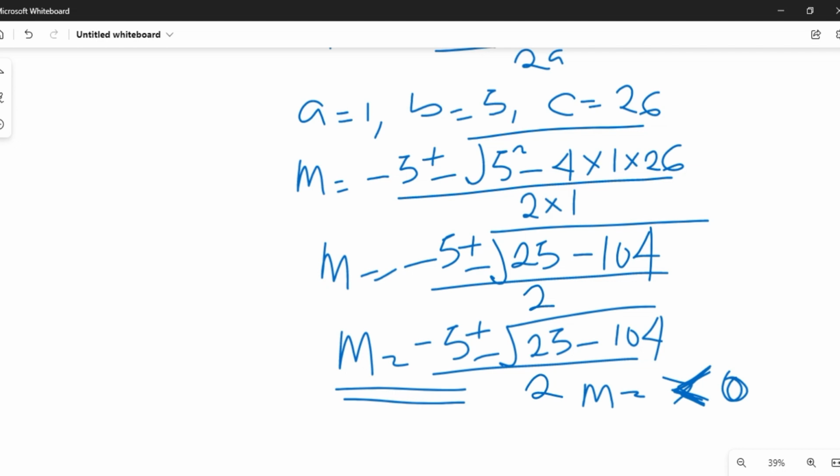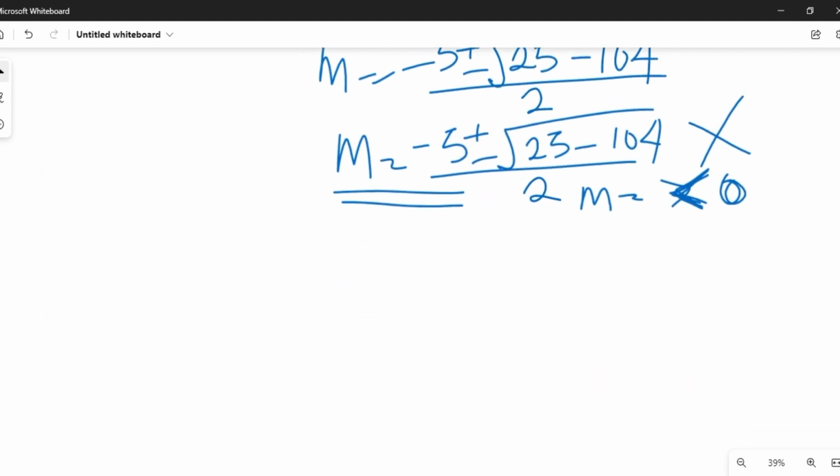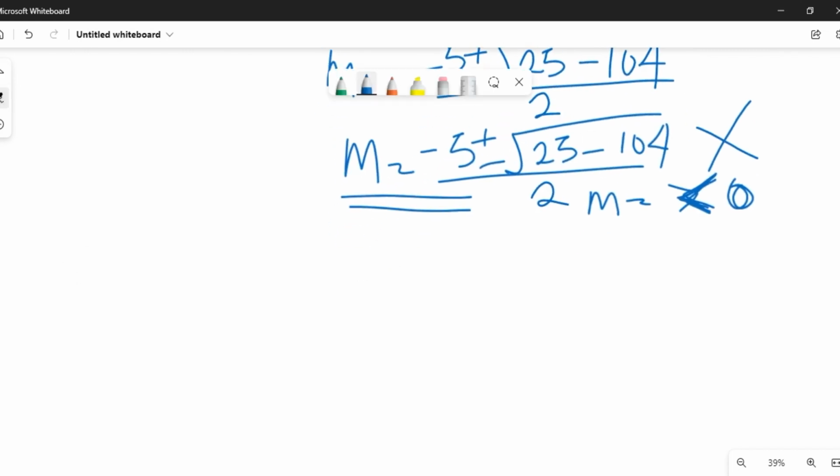So it's going to be an imaginary solution. And as a result of that, we are going to avoid using this solution. So our only solution for this value, our m, will be equal to 5, which is the solution we got earlier on.